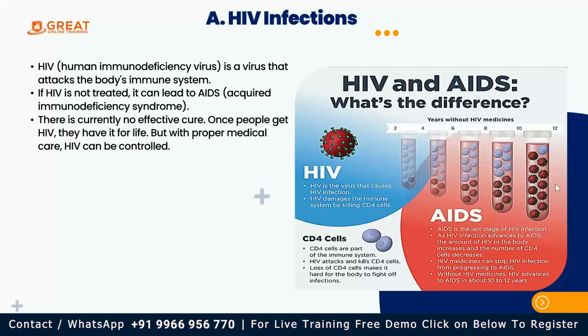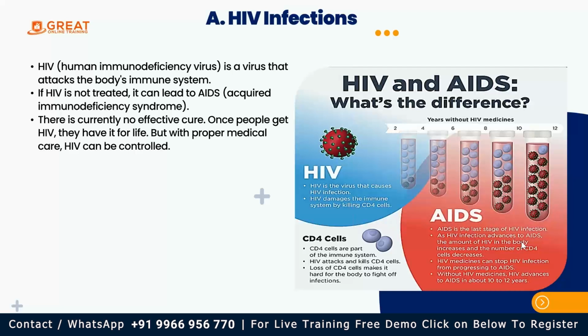After 2 years without HIV medication, the CD4 count is high and the HIV count is very low, but HIV is present. If untreated, after 4 years HIV increases year by year, and by 12 years most of the CD4 cells are killed by HIV. So AIDS is the last stage of HIV infection.